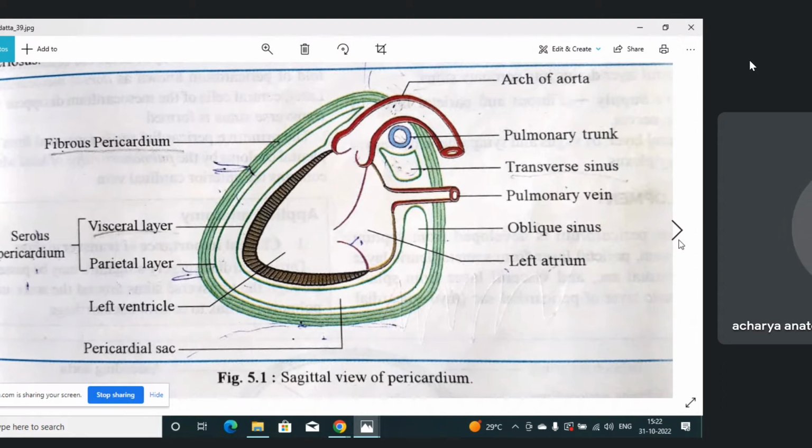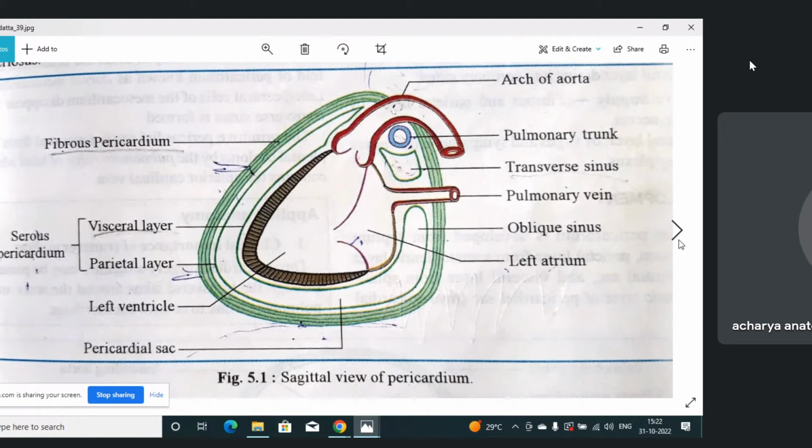The apex is directed above. It is mixed with the greater vessels.